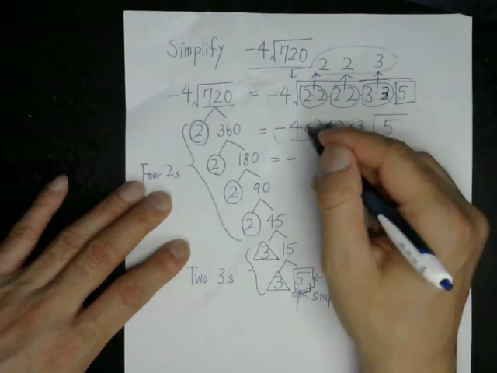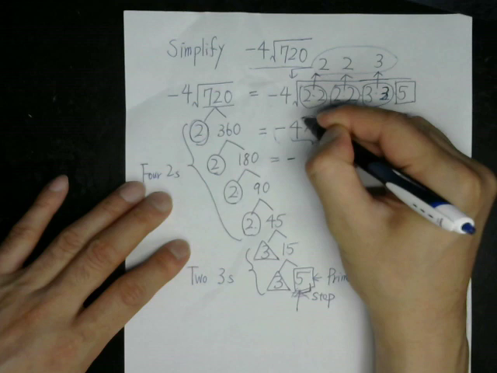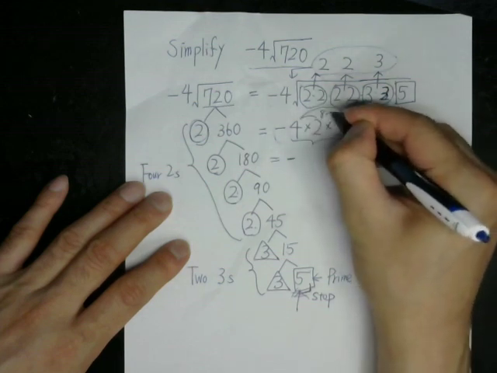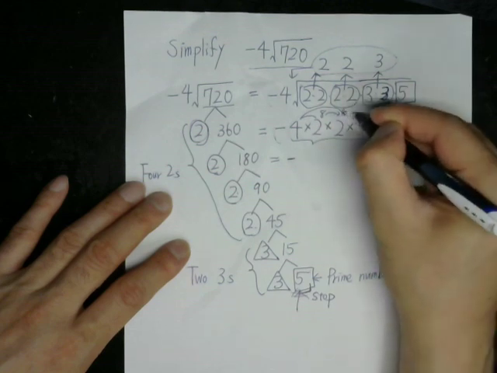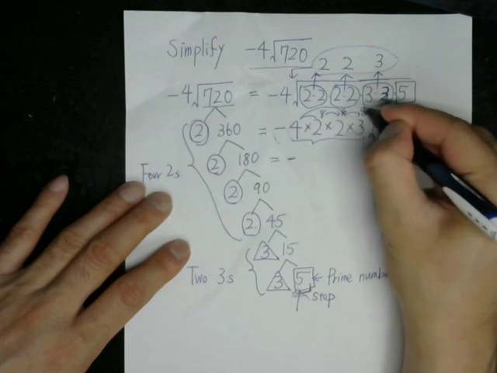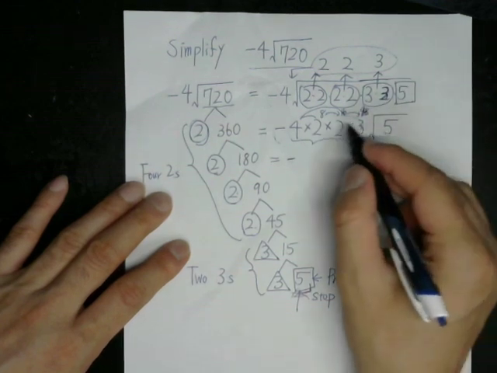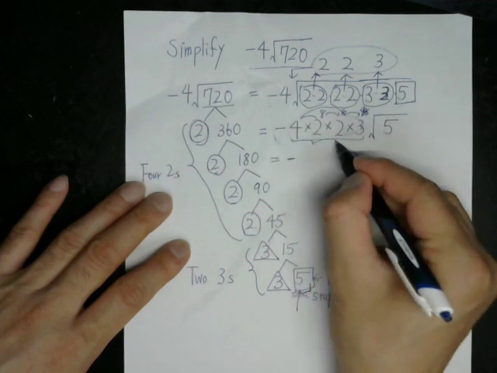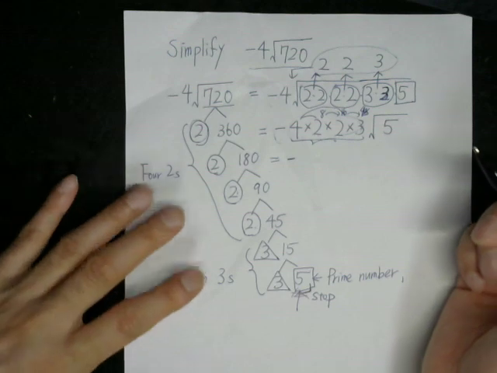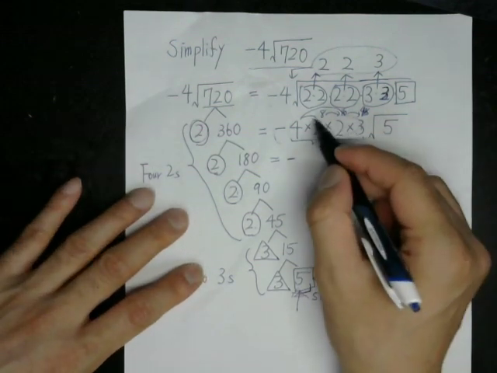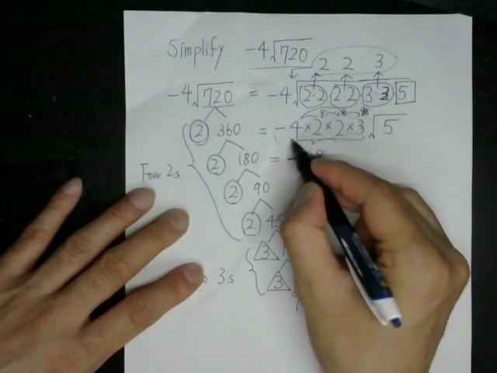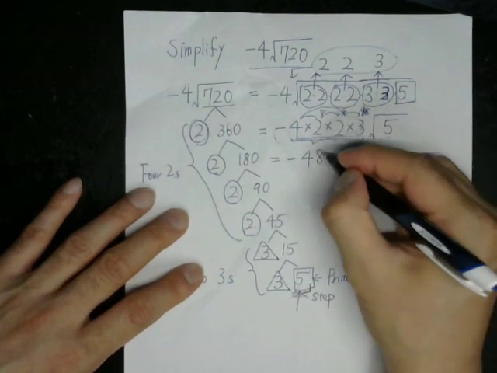So it goes like this: 4 times 2 is 8. 8 times 2 is 16. 16 times 3 is 48. All I did here is 4 times 2 times 2 times 3, without using a calculator. So it's 48. This portion becomes 48.